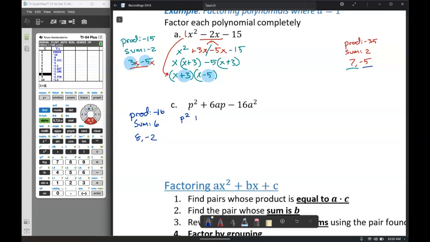This one's a little bit more complex. So again, I took 6ap and I rewrote it as these two terms, 8ap and negative 2ap. We can factor by grouping.